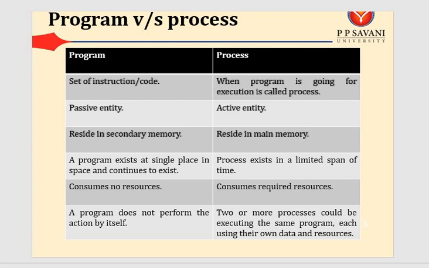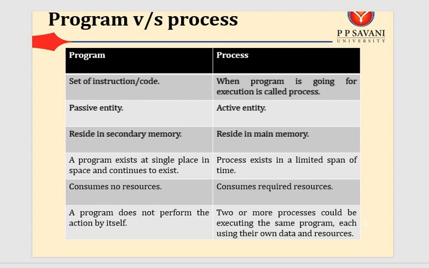Second, a program is a passive entity. That means you can save the program, store the program wherever you require, and whenever you want, the program is there. So it is not required to execute the program every time. So a program is a passive entity, but whenever the program is executed, a process is created.